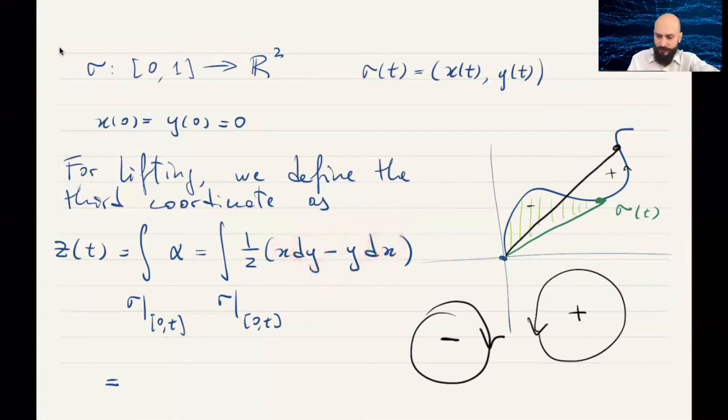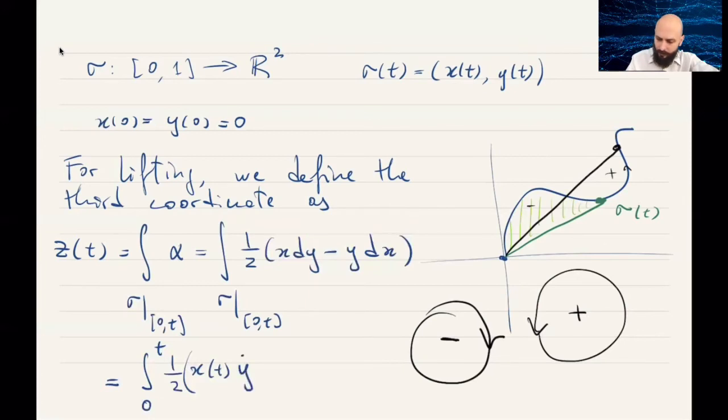So this means the integration between 0 and t of 1/2, x is the first coordinate of the curve, so it's x of s, and then dy, the derivative of y.